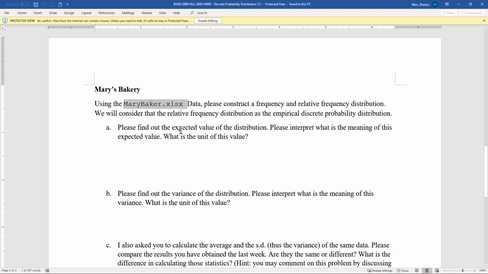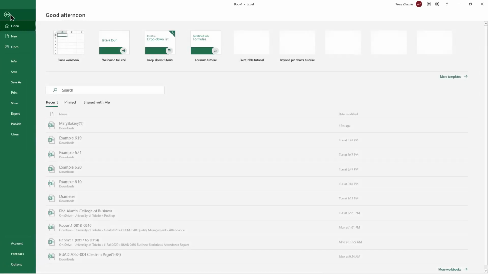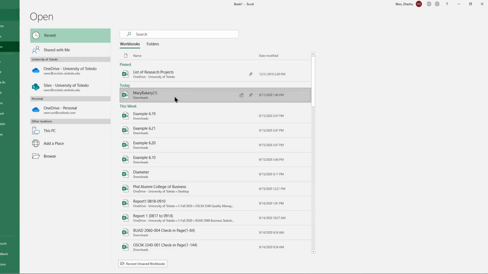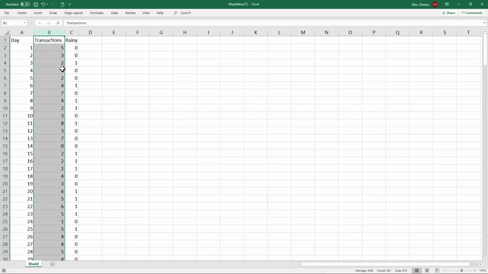I'm asking you to calculate that using the distribution instead of calculating using all the raw values, right? So like here, I'm asking you to come up with a distribution instead of calculating average and the variance using this column B as is.